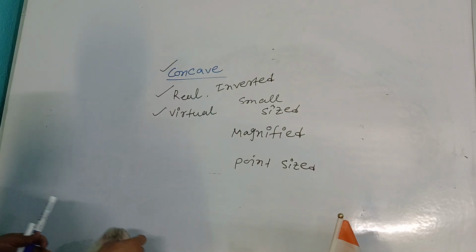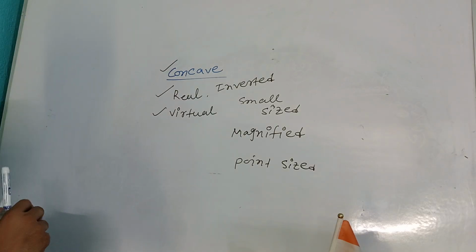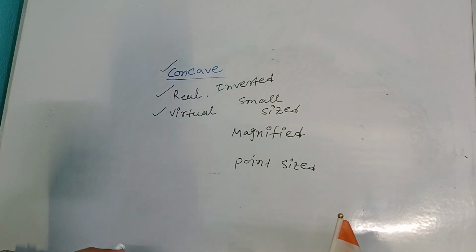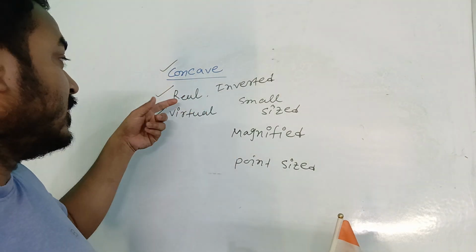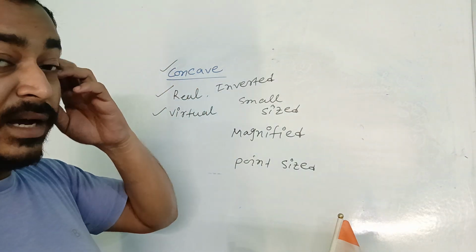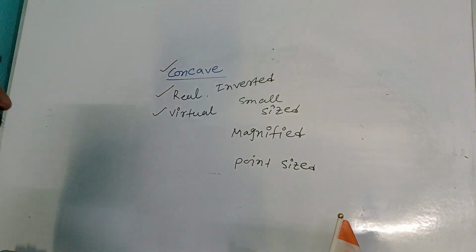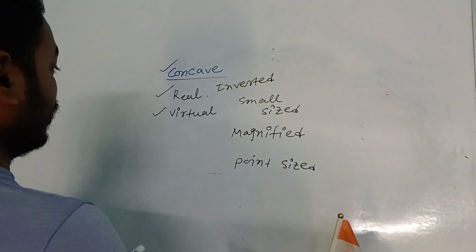Achha, so now let's start. Now the question is, sir, why real, why virtual? The answer is, sometimes why we say real, why virtual, and how? The answer is depending on the position of the object.